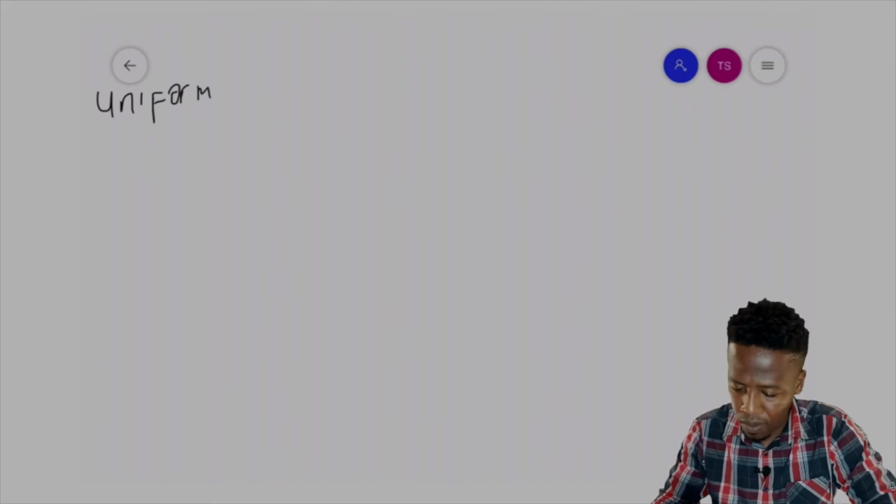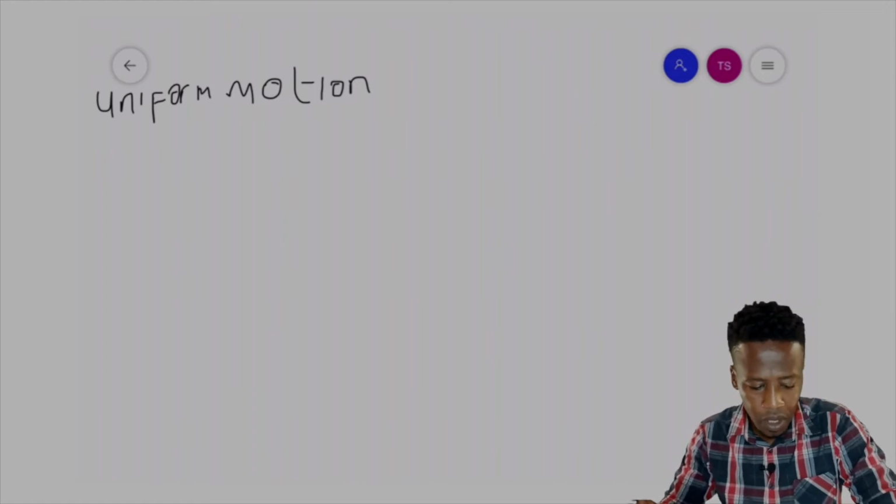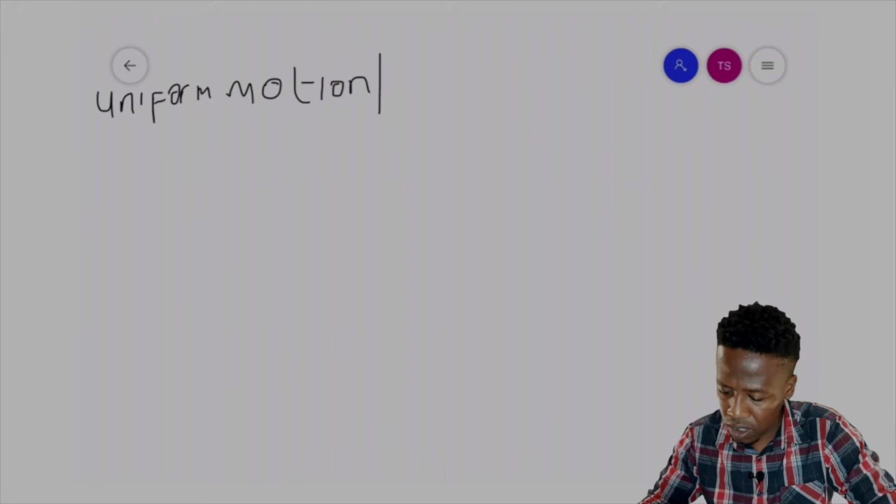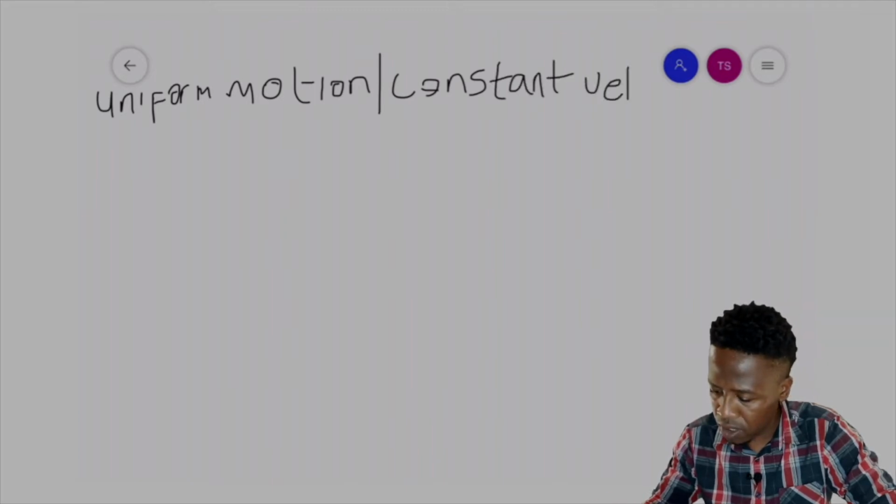Now the first type of motion that we are going to explain is uniform motion, or constant velocity.